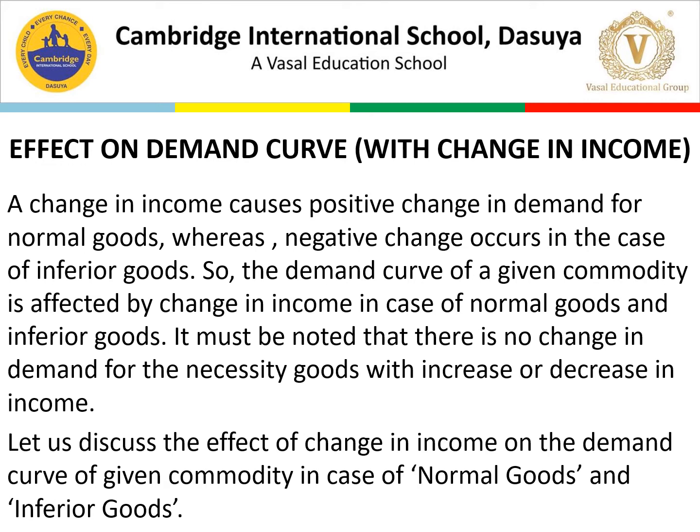Basic necessities of life, people are ready to buy all the time, whether the price is increased or decreased. So let us discuss the effect of a change in income on the demand curve of the given commodity, in the case of normal goods and inferior goods, in detail.